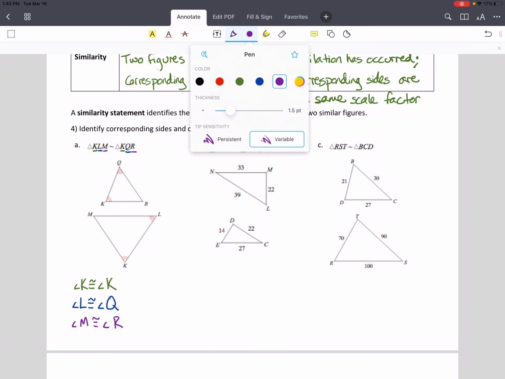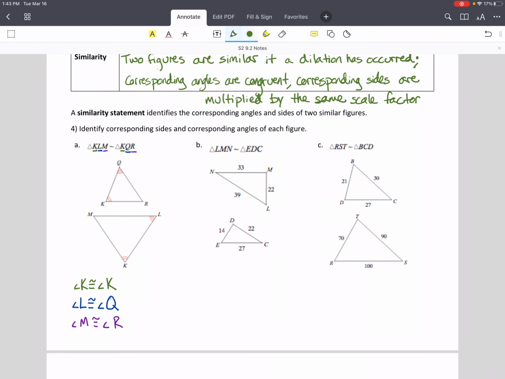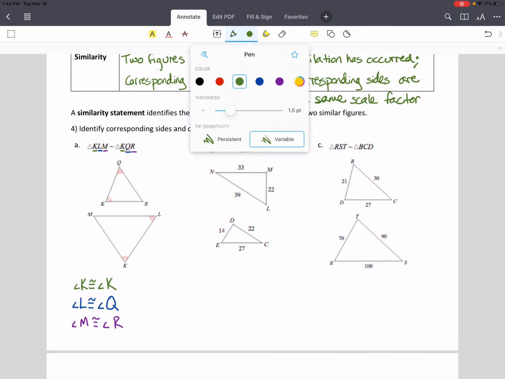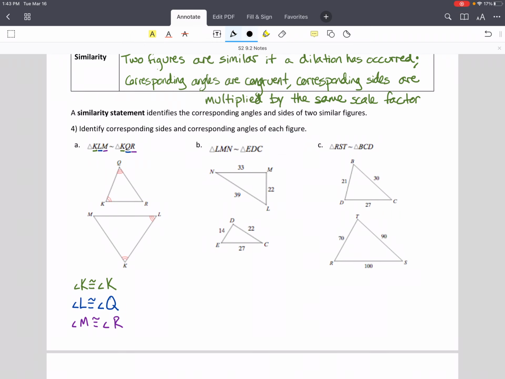If I want to do the same thing for the side lengths, then all we can do is follow the order of the letters here. So KL goes with KQ.